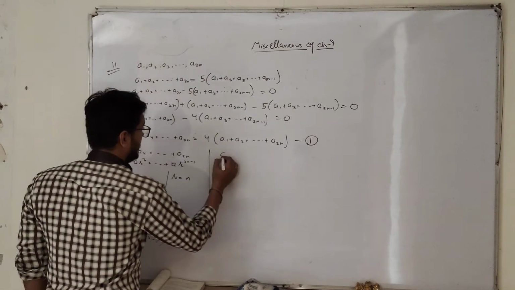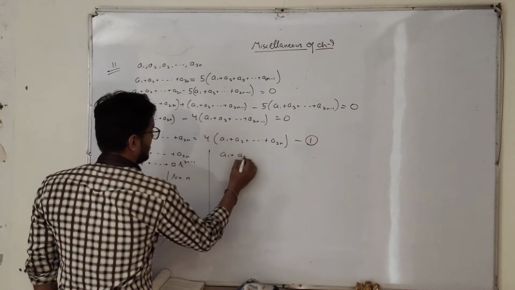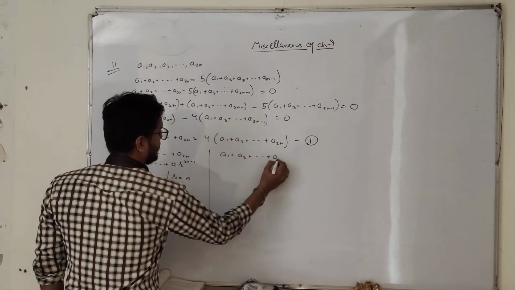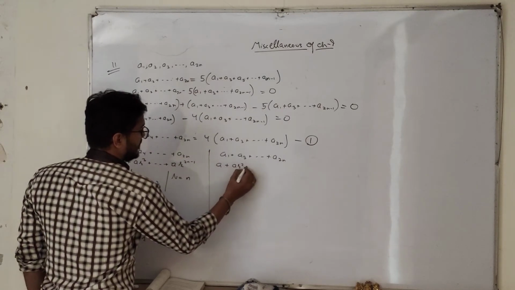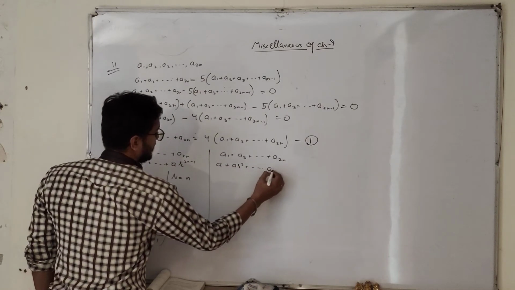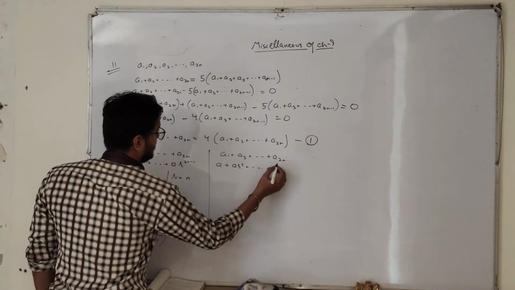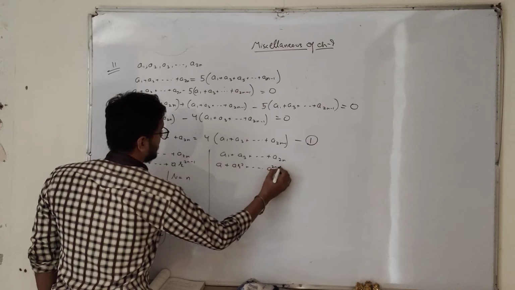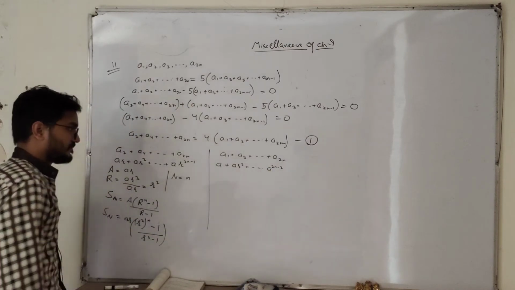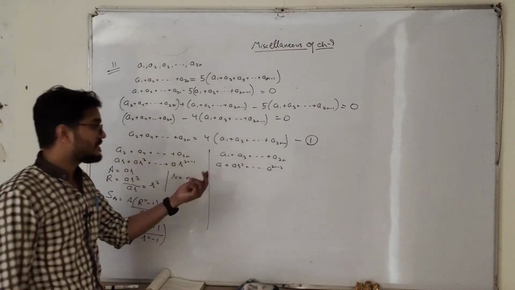For this series A1 plus A3 plus up to A2n minus 1, so a plus ar square plus up to a r to the 2n minus 2, right? Now how many number of terms are there?